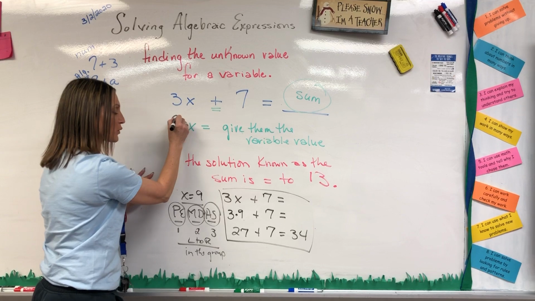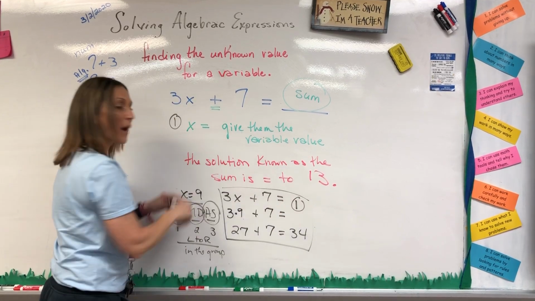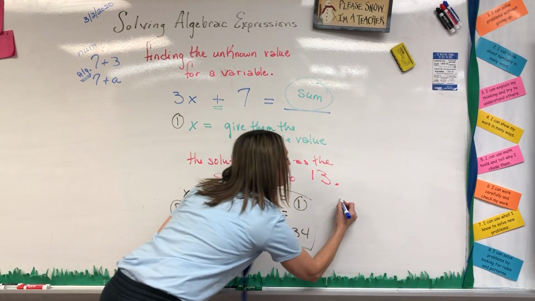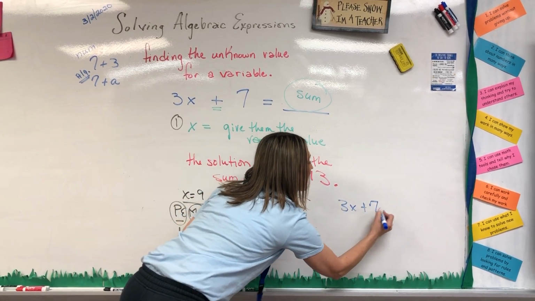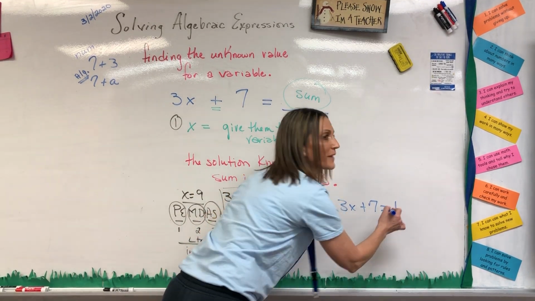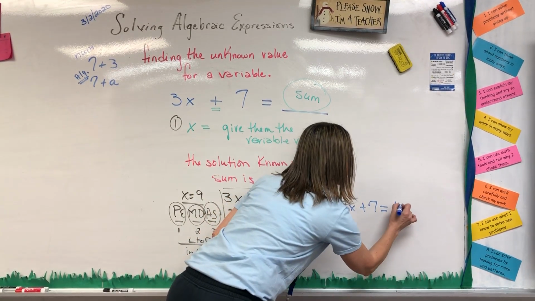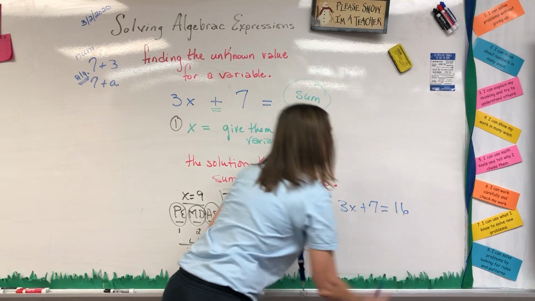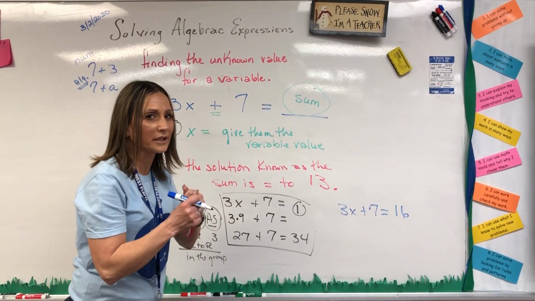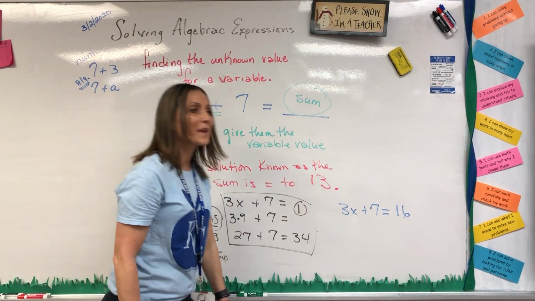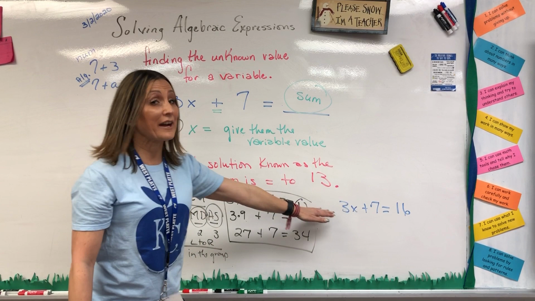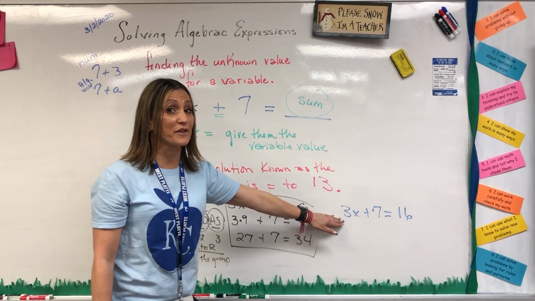That's the first way. The second way is I tell them a solution. So the problem started off as 3x plus 7 equals 16. That's how mathematicians are always thinking of numbers. Now, as we move forward, we're going to find out an actual process in algebra to solve this problem.